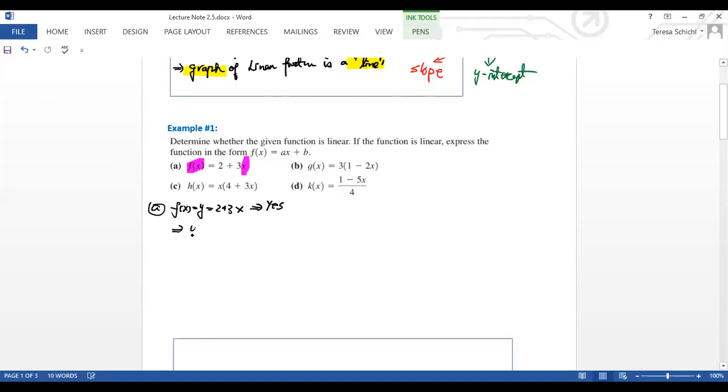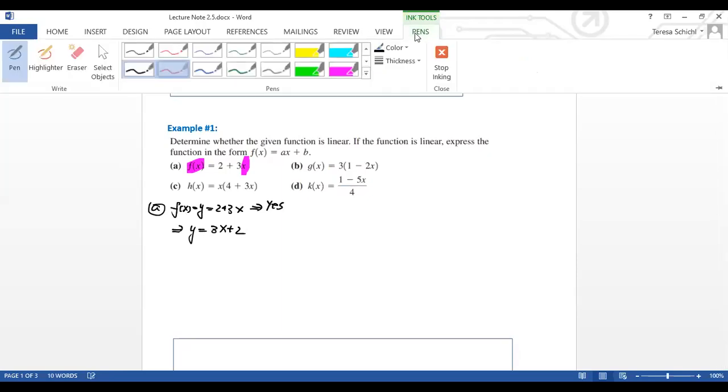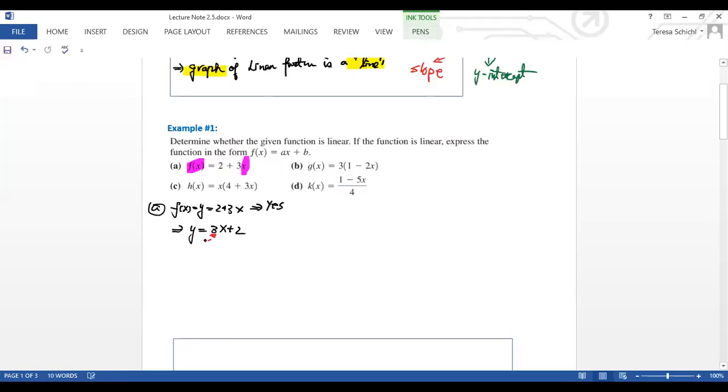I can rewrite it as mx plus b by switching these two, so this will be 3x plus 2. For this function, the slope is 3 and the y-intercept is 2. So it's pretty easy.